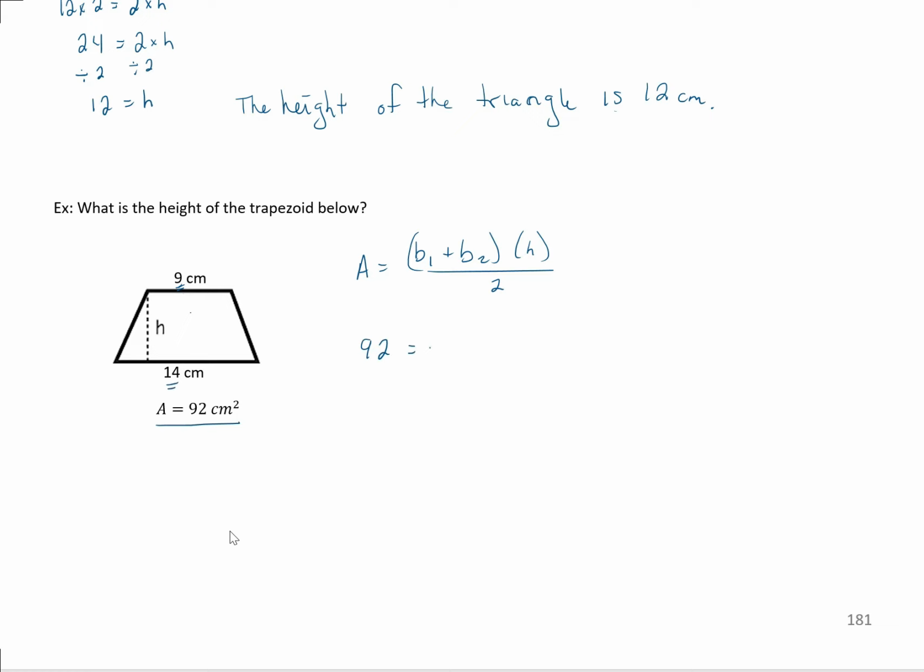One of the bases is 14, plus the other base, 9, times height, we don't know it, divided by 2. We have another fraction, so we'll do some cross multiplication again. 92 times 2 equals 1 times 14 plus 9 times h.